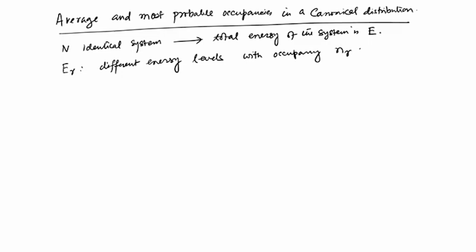So, what it means is that these available energy states of the system are occupied by N_R number of particles. E1 has N1 particles and E2 has N2 particles.